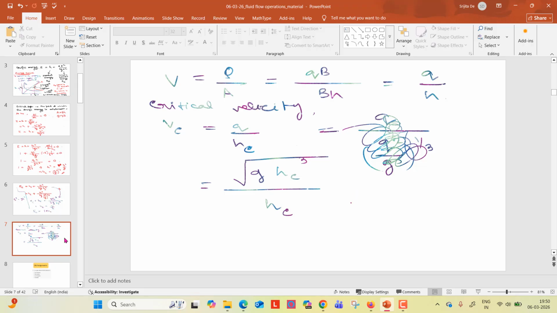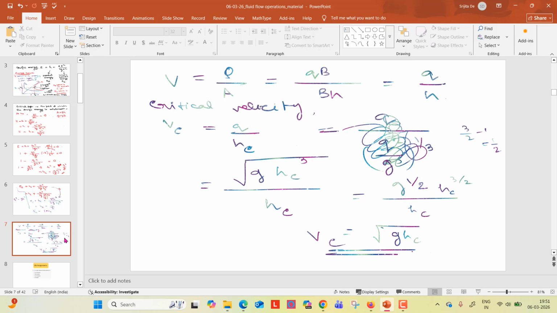That means now g is to the power half, Hc is 3 by 2, bottom it is 1. So 3 by 2 minus 1 means it is 1 by 2. So it will be g to the power half, Hc to the power half, so it is the root of g Hc. So Vc is root of g Hc. So this is the expression of critical velocity. Okay.